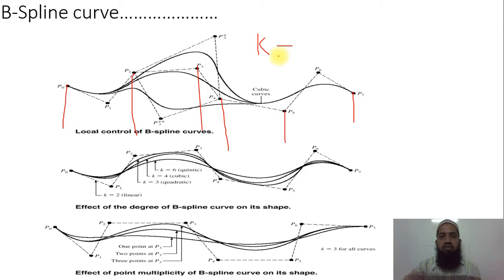For example, if k equal to 3, I will consider 1, 2 and 3 control points. The value of k is always less than or equal to the number of control points.